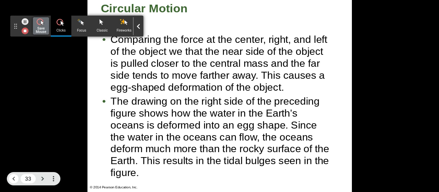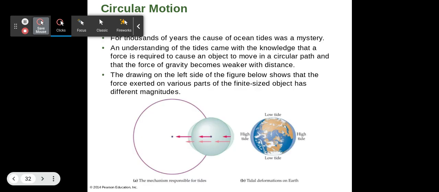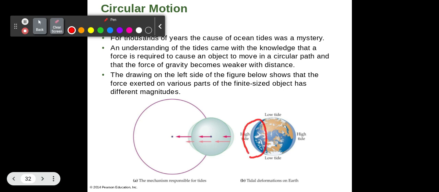So in one part of the Earth, we go back. During high tide, this side that's closer to the sun, if this is orbiting the sun, this whole thing is going to squish in, okay? And that water is going to bulge out on either side.